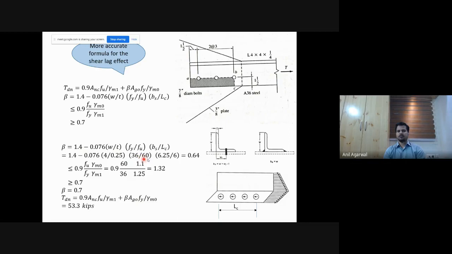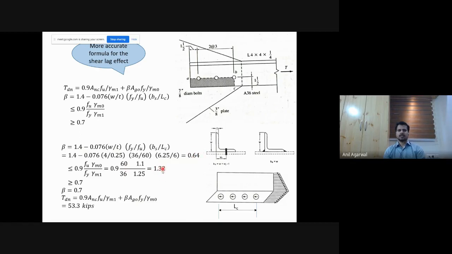Fy is 36, Fu is 60 in ksi. bs is equal to w plus w1 minus t. That is 4 plus 2.5 minus 0.25, so that is 6.25. Divided by Lc. Lc is the length of the connection, which in this particular case is 6 inches. And you get 0.64 as beta value.